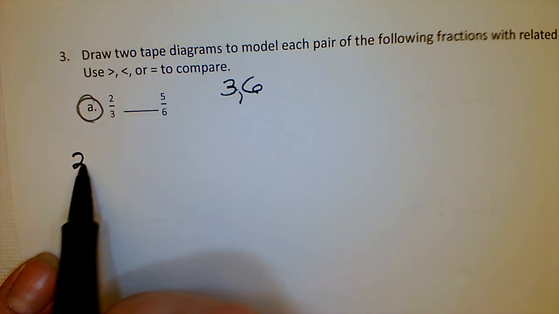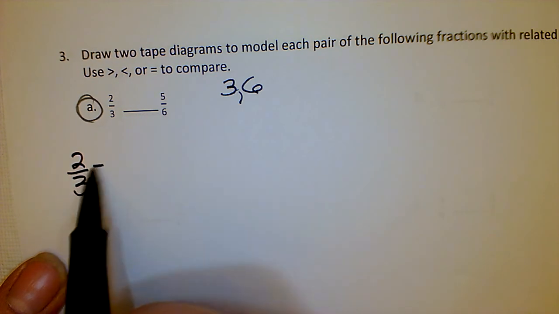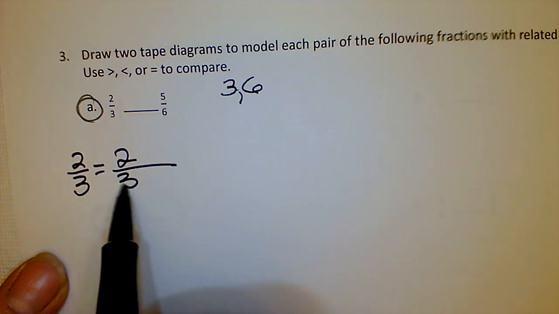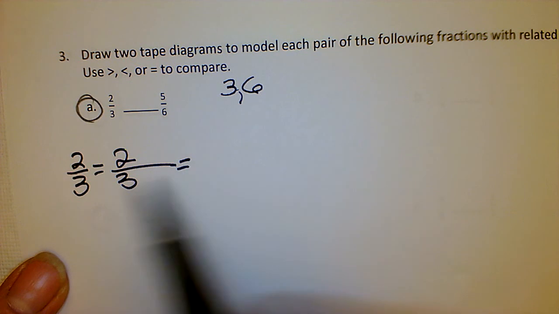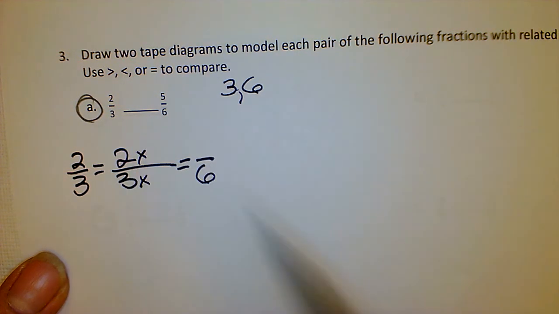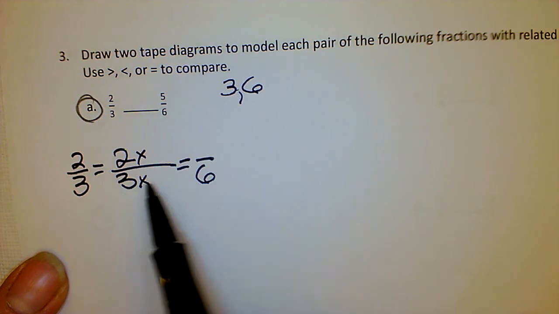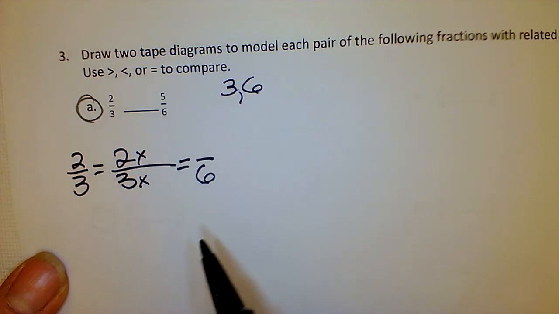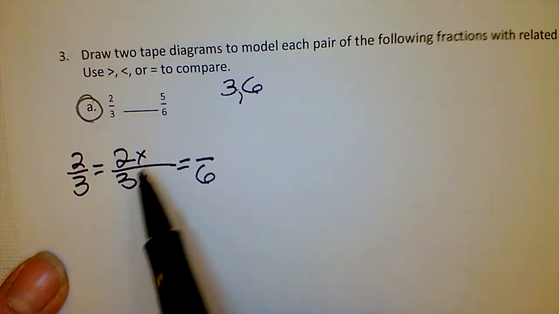So I'm going to start with my 2/3, and I'm going to show that that's my original equation, and I'm going to show what I want to turn that 3 into. We're going bigger, so we're multiplying. We could be going smaller, but right now we're decomposing, making it into smaller pieces, which means there's more of them, so we multiply. Okay, so 3 times what number gives me 6? Well, we've already done that tonight.